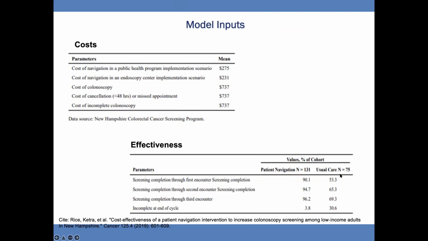For usual care, there's no help from the nurse. For patient navigation, there's a nurse who helps you, okay? And you can see here that the uptake rate of screening is much higher, 90% versus 53%, 94% versus 65%, okay? So apparently, patient navigation increased the willingness of these people to take screening.